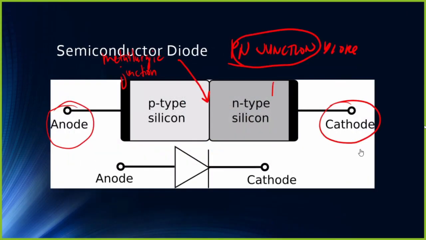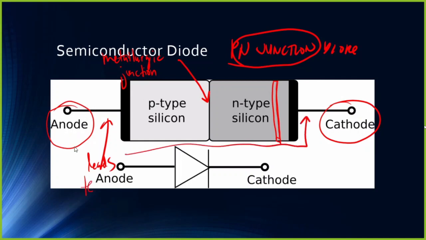Ito yung mga leads, or terminals. Okay? So yun yung mga internal part ng ating semiconductor diode or PN junction diode or just simply diode.